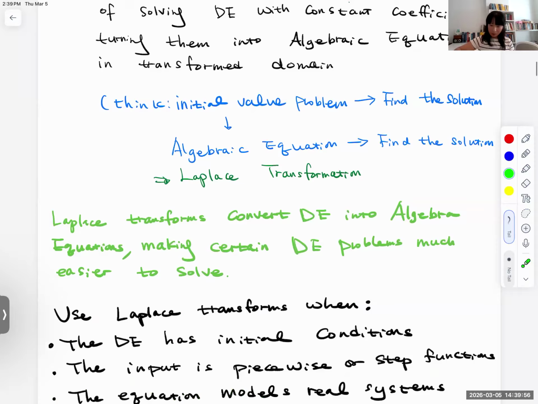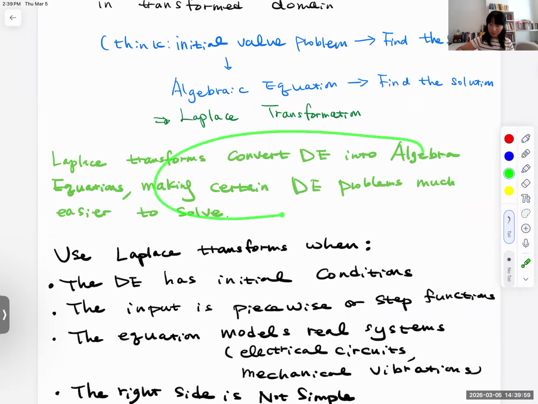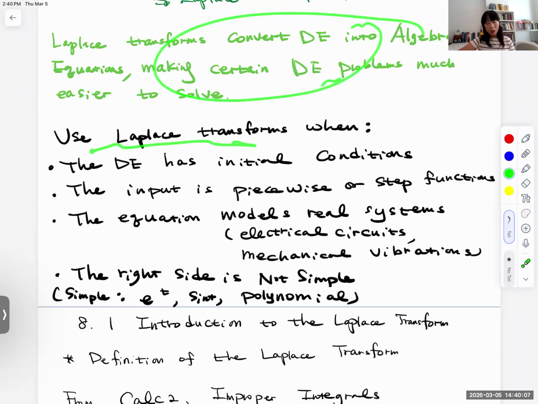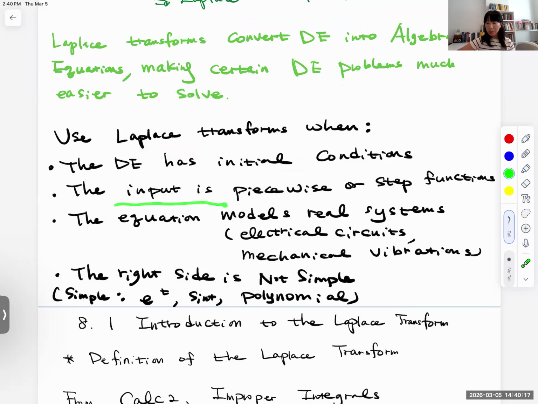I wrote down in a sentence what I just said. Now, when do we use Laplace transforms? The differential equation has initial conditions, like initial value problems, and the input is piecewise or step functions, which we are going to do in the next section.